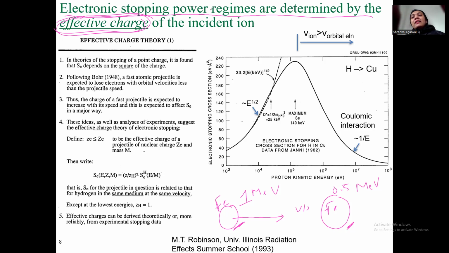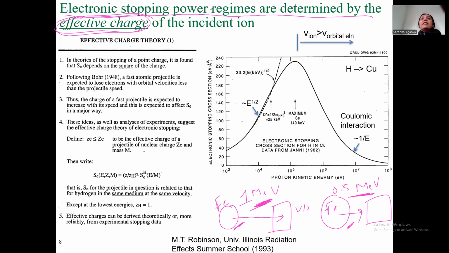The energetic particle at very high energy will have a different charge state, and they are all going inside the solid. So the point is, with energy, charge state changes, and with charge state, your electronic stopping power changes.